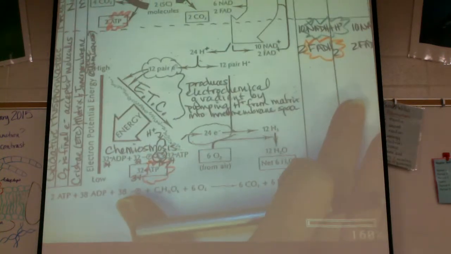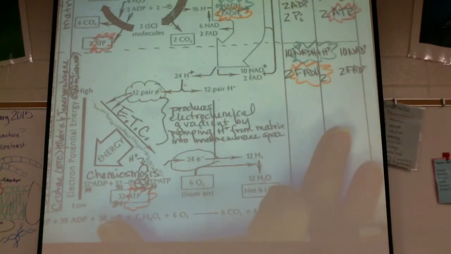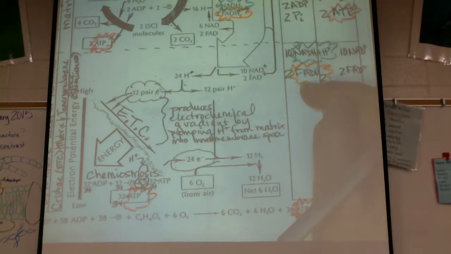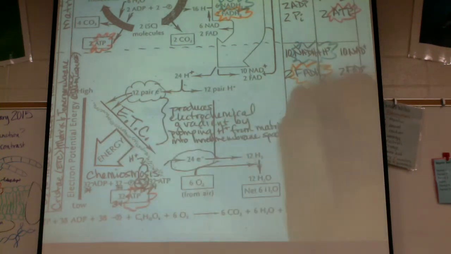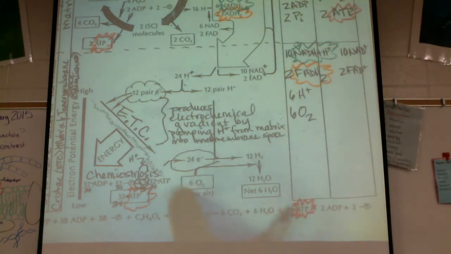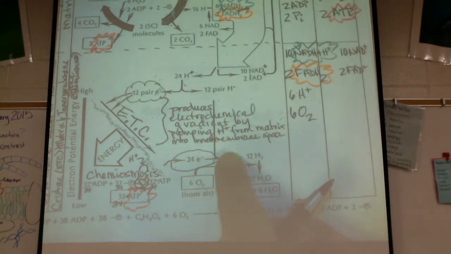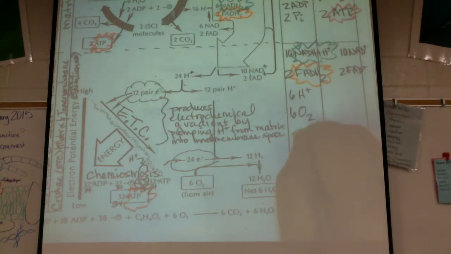So let's look at the inputs and outputs to this process. We've got these electron taxis dropping off electrons to the electron transport chain. We're also going to need some more hydrogen ions. We're going to need some oxygen to be that final electron acceptor molecule. We're going to need 32 to 34 ADPs.